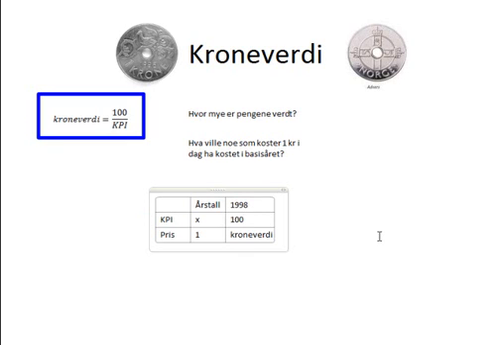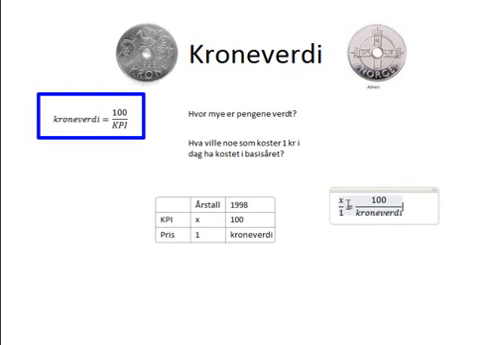From this we can make another equation. X over 1 equals 100 over kroneverdi. And then we're almost finished because x over 1 is just x. So what we really have here is that x, which is the consumer price index, equals 100 over kroneverdi. So I'll just write the final formula.